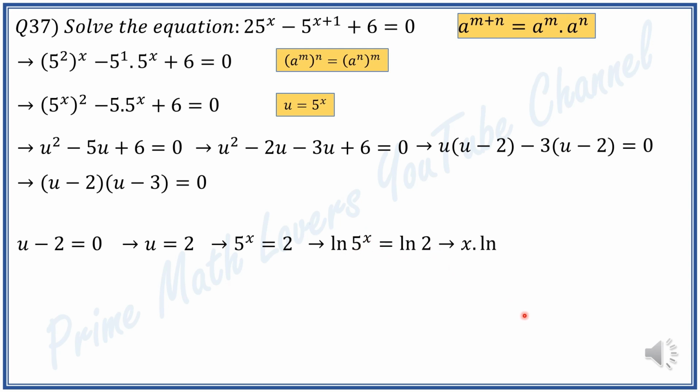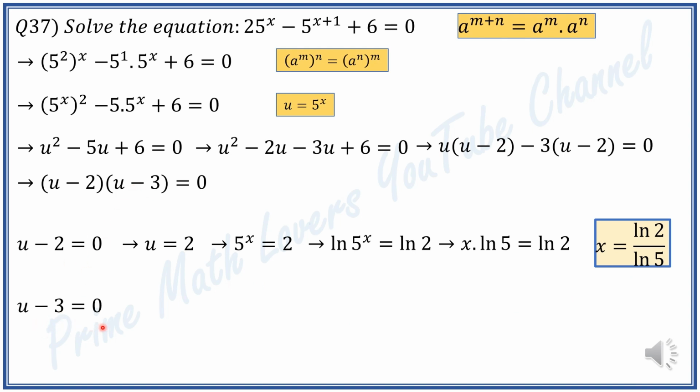And we know that there is a rule that we can bring this power to the front, and ln of 5 to the power of x is equal to x times ln of 5. So x times ln of 5 is equal to ln of 2. And if we divide both sides by ln of 5, we get x is equal to ln of 2 divided by ln of 5.